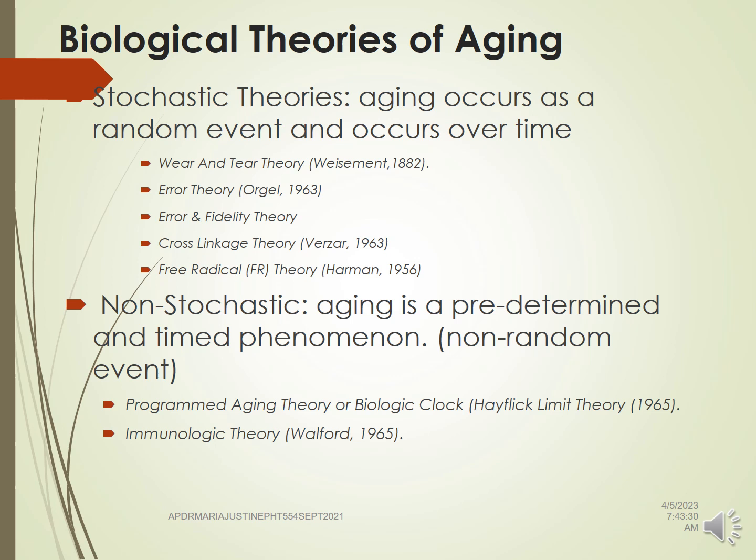These are some of the examples: the wear and tear theory, which is very important for physiotherapists, error theory, error and fidelity theory, and cross-linkage theory, which is also very important for physiotherapists to understand, and it has some explanations in our role as physiotherapists when treating older patients. Free radical theory.